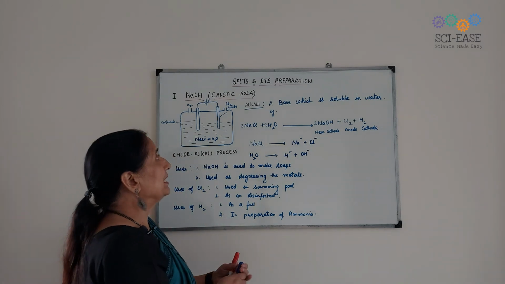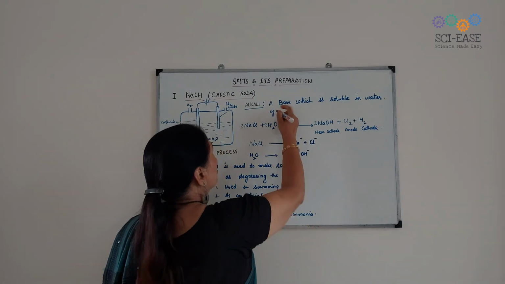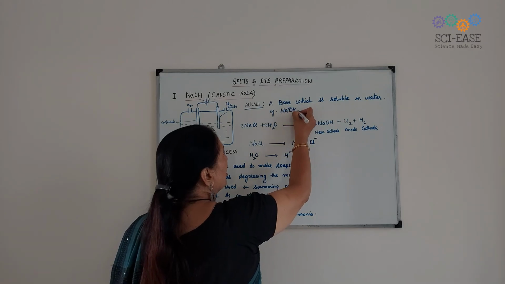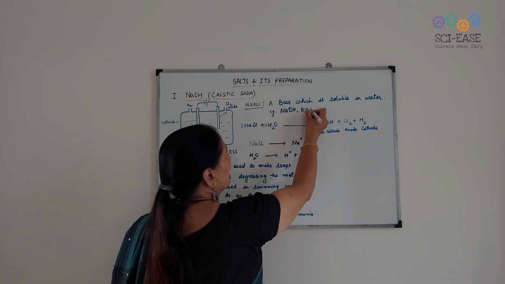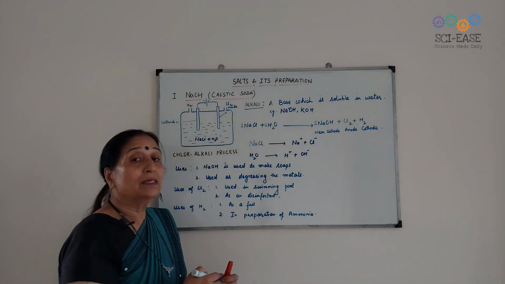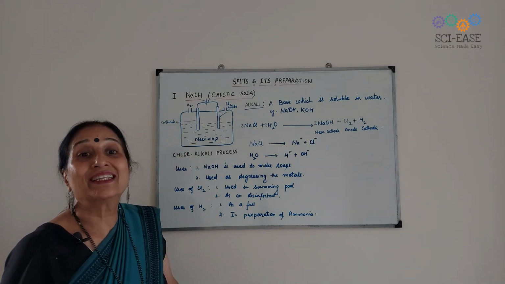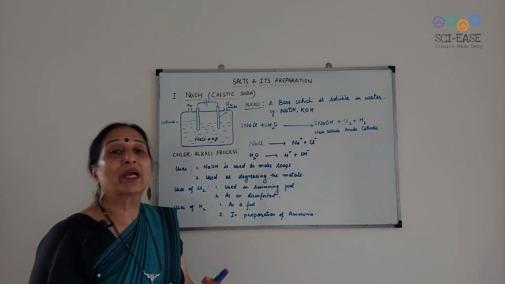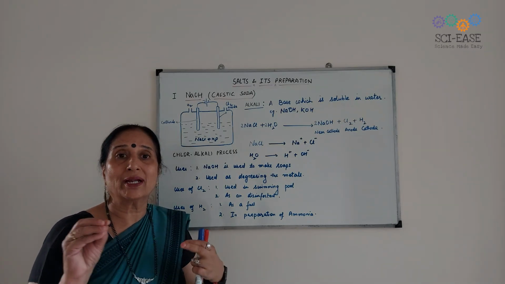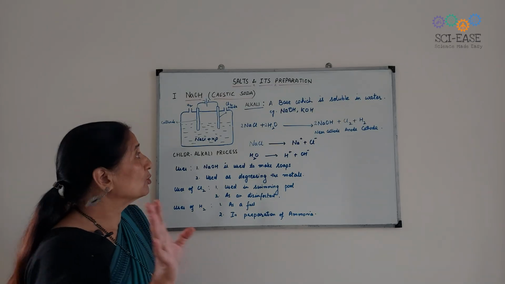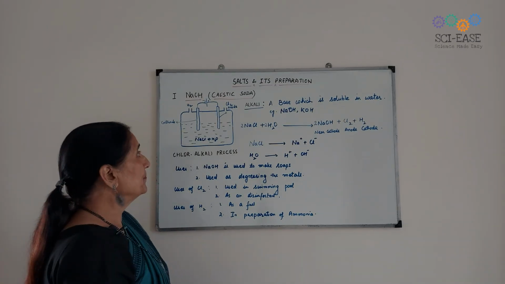Examples of alkali are sodium hydroxide and potassium hydroxide. They are bases, no doubt, but they are alkalis also because they can be easily dissolved in water and we get the aqueous solution. So this thing should be clear to all of you.